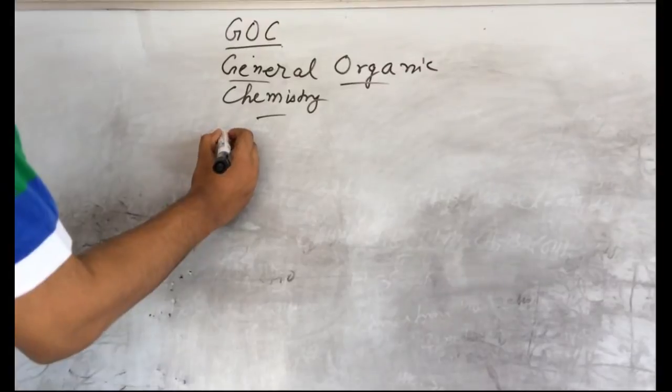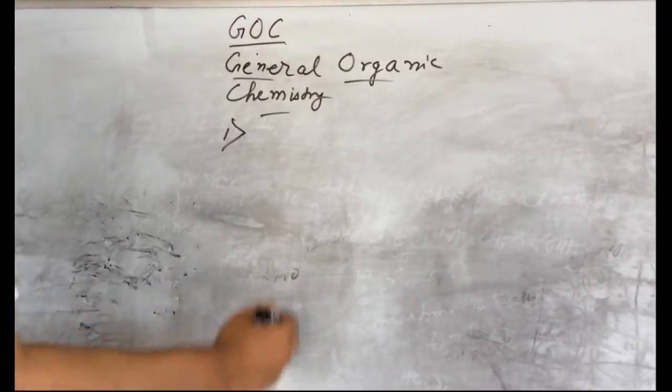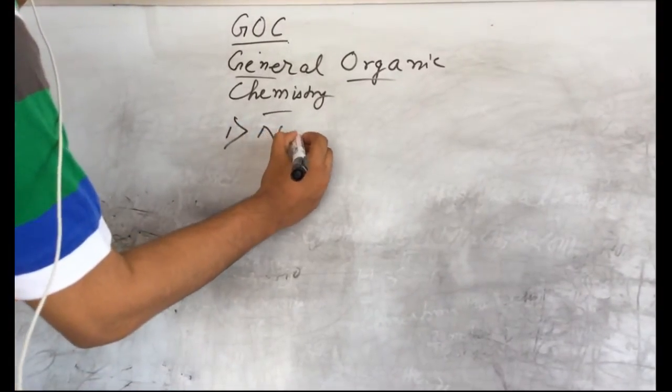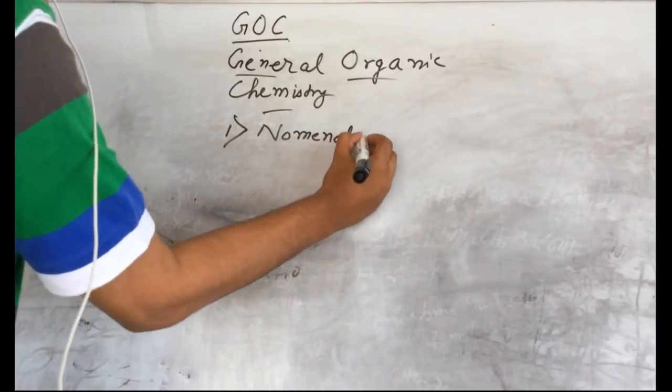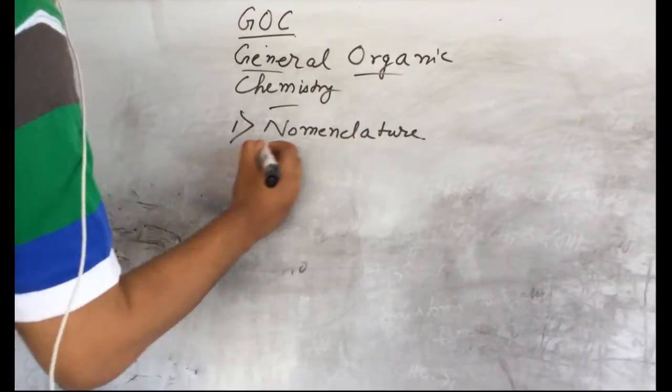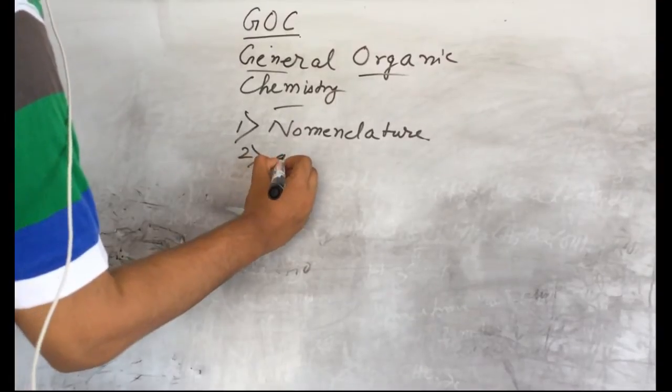So there are different parts in which we can divide GOC. The first one being nomenclature. Second is isomerism.